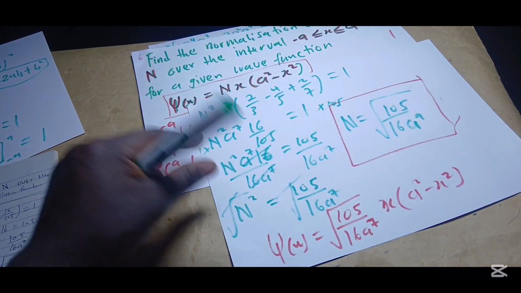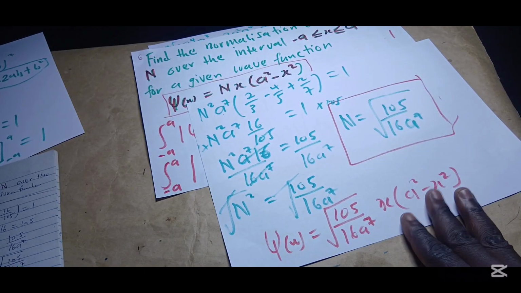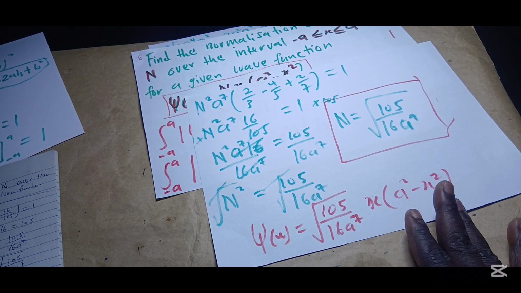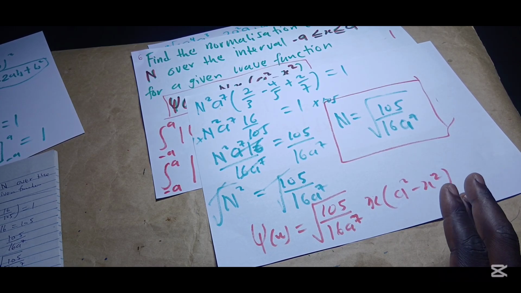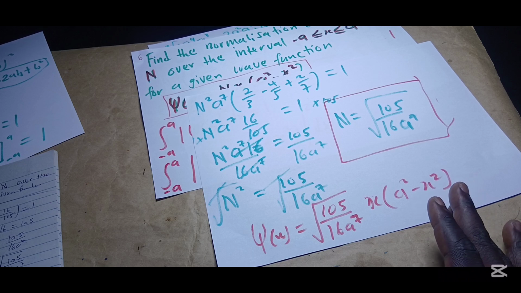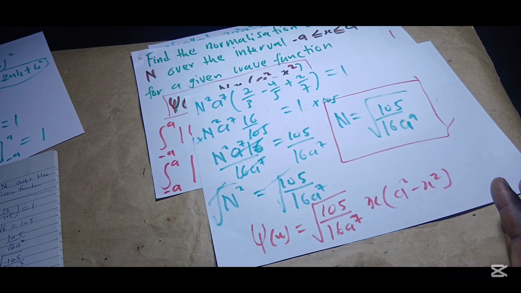So this is a normalized wave function. Since this wave function is normalized, it should give us a probability of 100%, not a probability of 90% or 120% or negative 50% of describing the presence of a particle in space. So that is the main idea behind this whole thing.